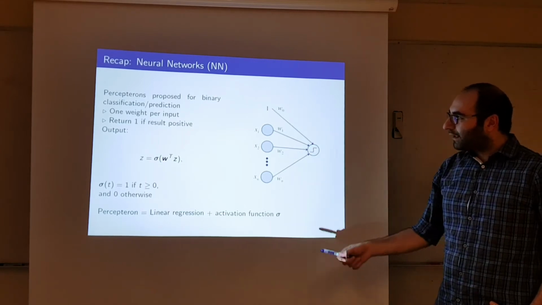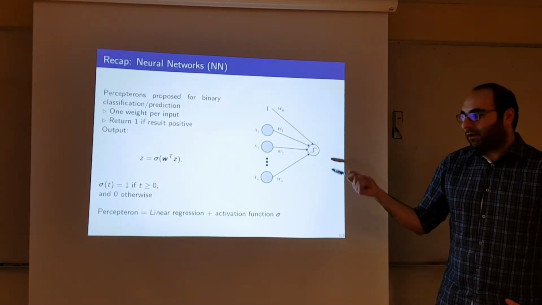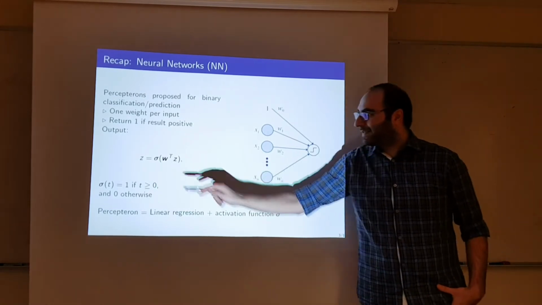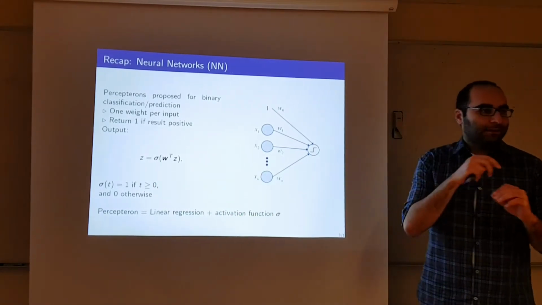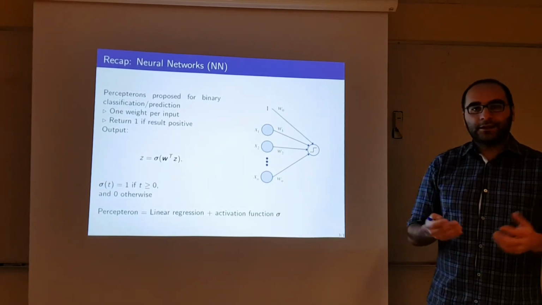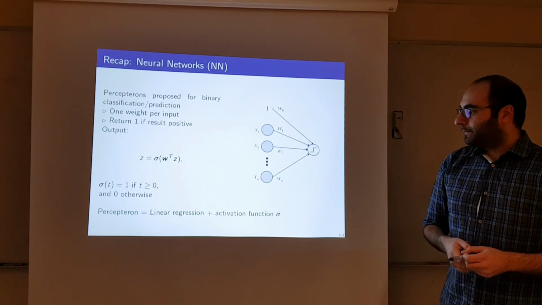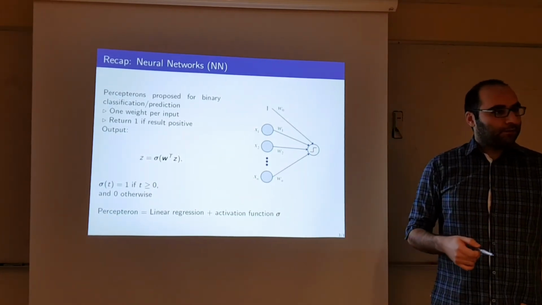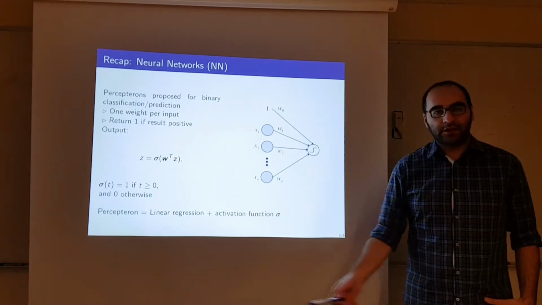You have n inputs, and you scale each input by a weight. Very simple. And then you apply some sort of nonlinearity, sigma, which is also called an activation function. So in a sense, the perceptron is a linear regression, followed by an activation function.